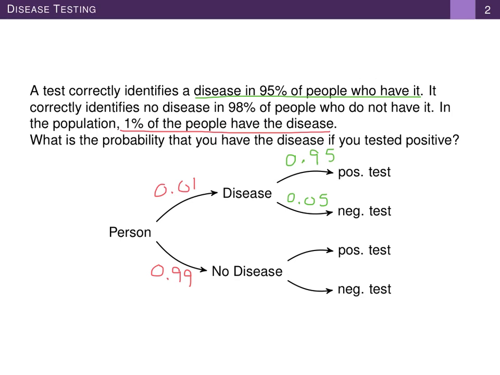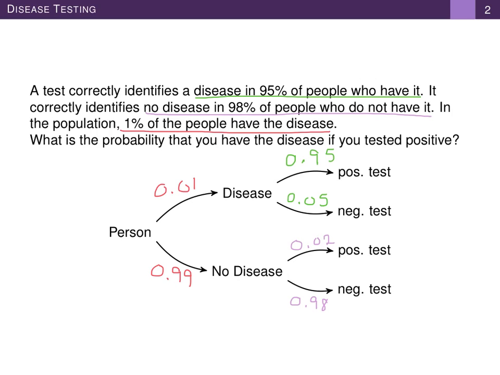And if I don't have the disease, the test will tell me I have no disease in 98% of the people who actually don't have it. So I'll get a negative test 98% of the time, which means that 2% of the time I will get a positive test.